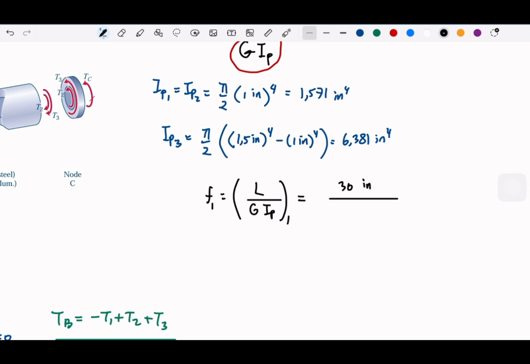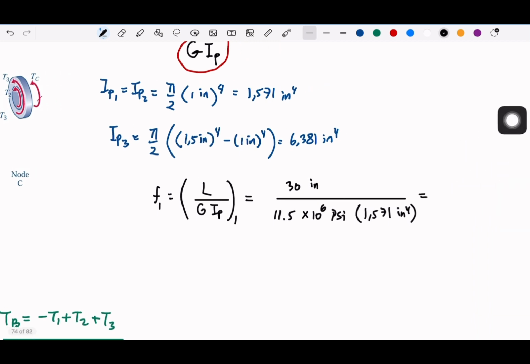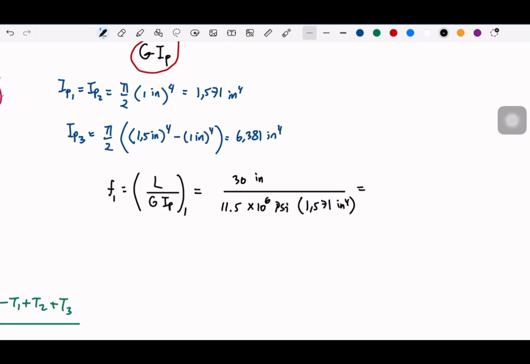And then the modulus is 11.5 psi. And then multiply with the inertia is 1.71 inch with power of 4. And this will be the result. Radians over pounds inch.